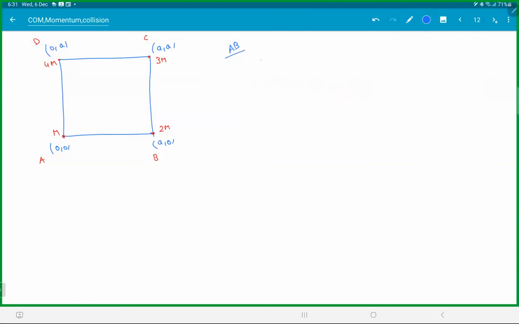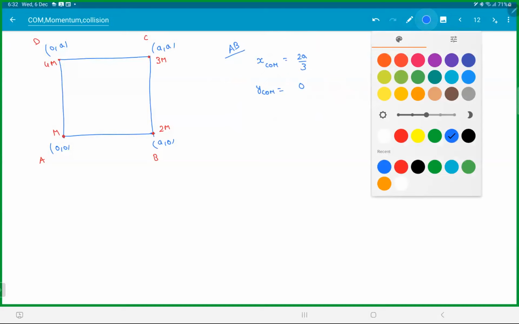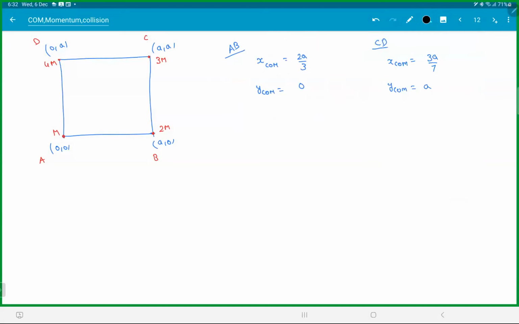If we take the center of mass of AB, X center of mass will be 2A by 3. Y center of mass will be 0. If you take CD, X center of mass will be 3A by 7, and Y center of mass will be A. Now what I am suggesting is: replace this entire AB with a particle of 3M at (2A by 3, 0).